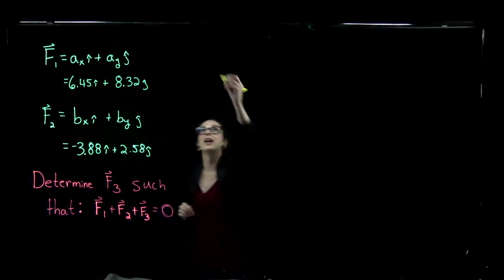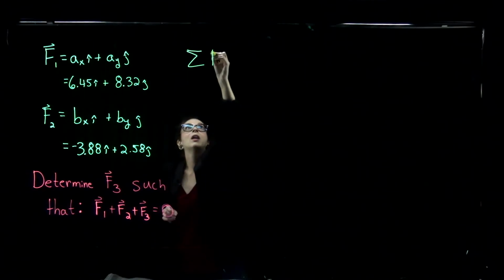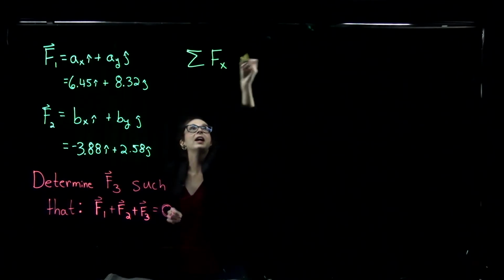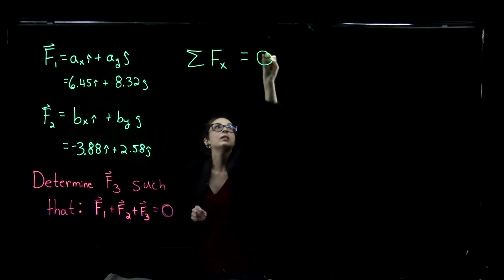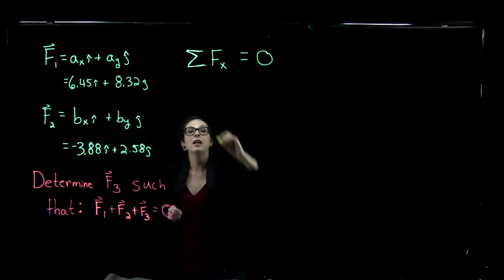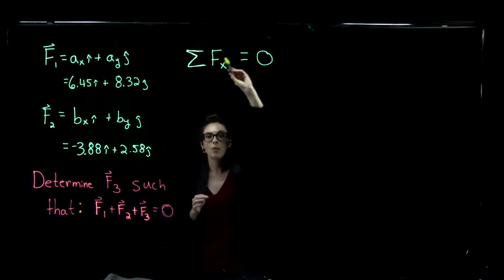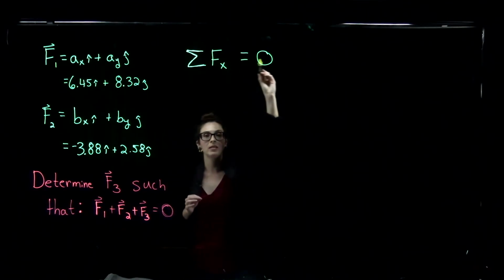Okay, so what does this look like? I'm going to say that the sum of all of my forces in the x direction must equal 0. This symbol that I make here is a capital Greek letter sigma, and that means sum. So the sum of all the x components of my forces in my problem must equal 0.